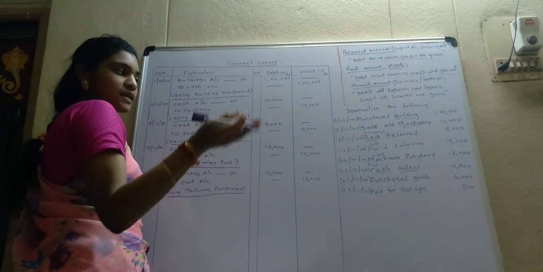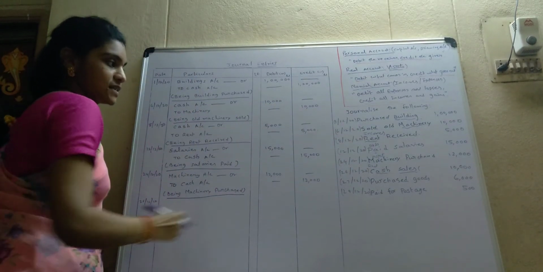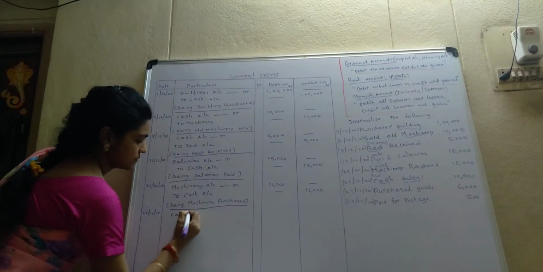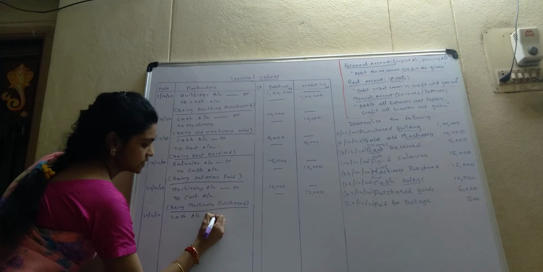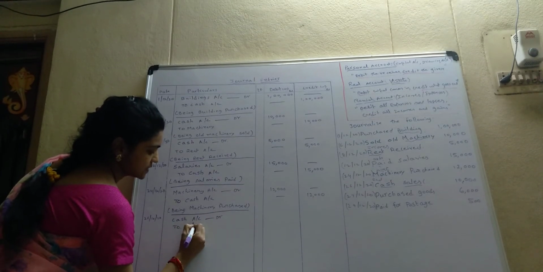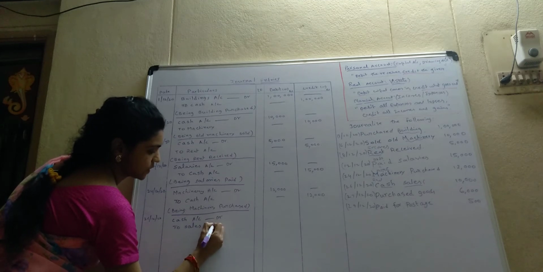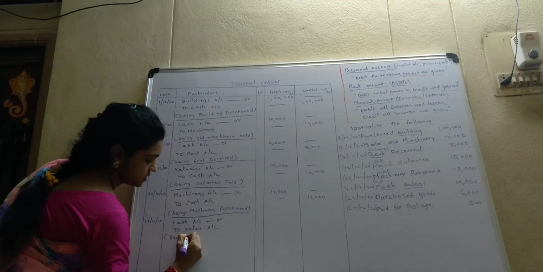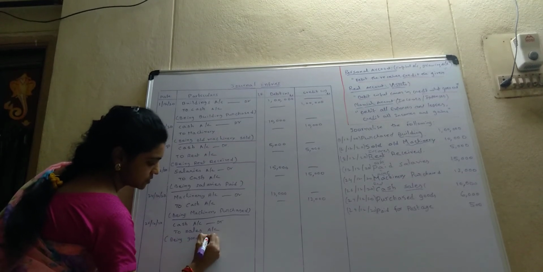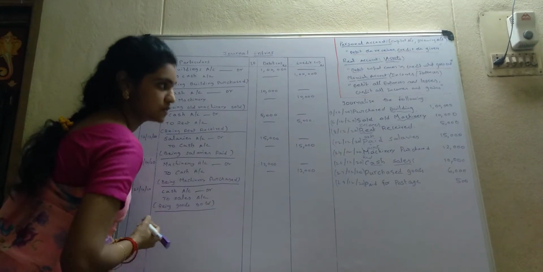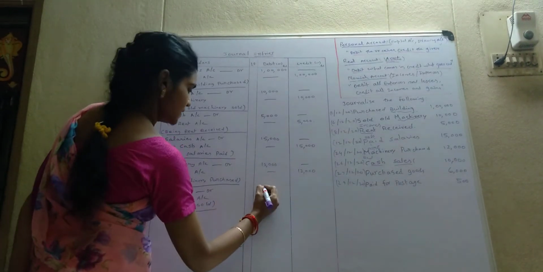If I sold goods, what comes into business? Cash. So debit the cash. Cash account, debtor. And what goes out? Sales, to sales account. Being goods sold. What's the amount? 10,000.